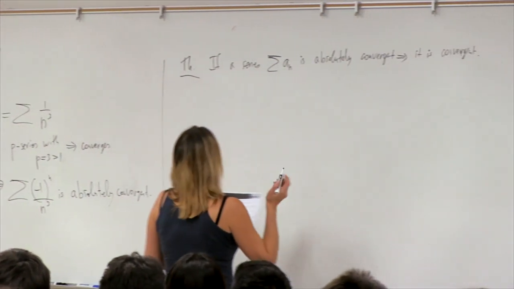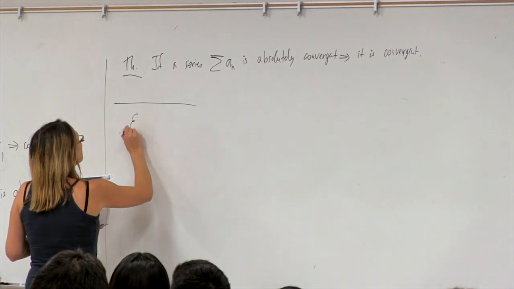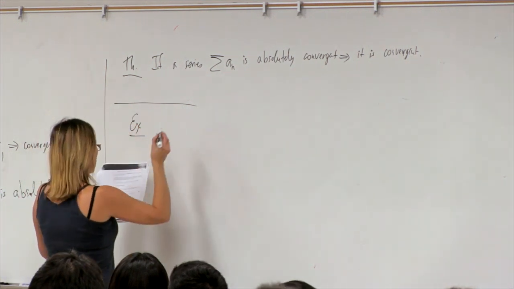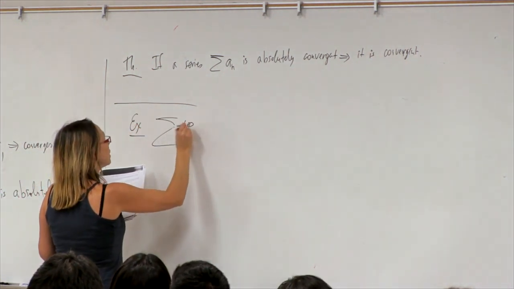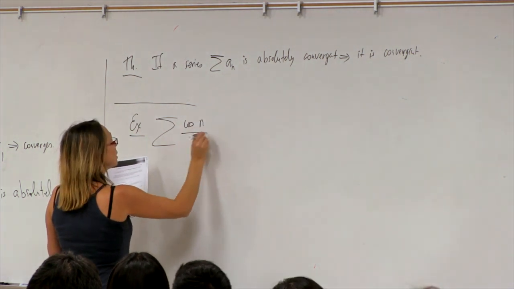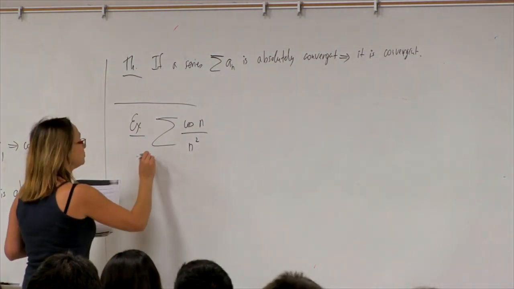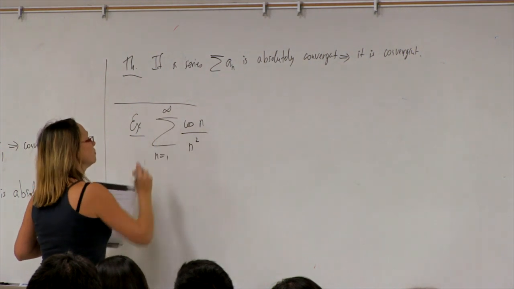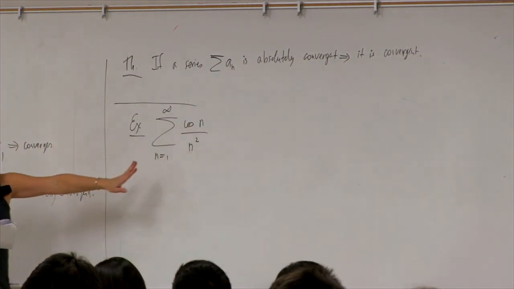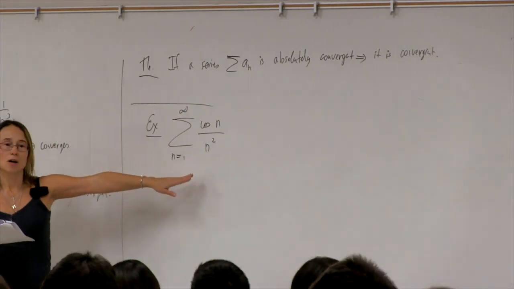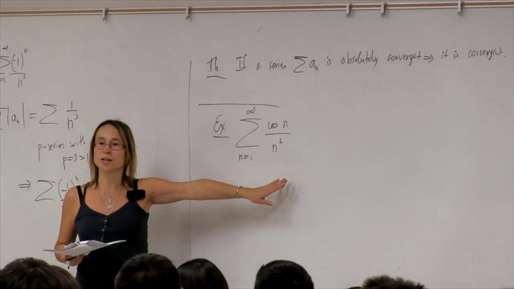So let's consider an example which is a little bit different. Cos n over n squared. First of all, you can see that the terms of the sequence do change sign.